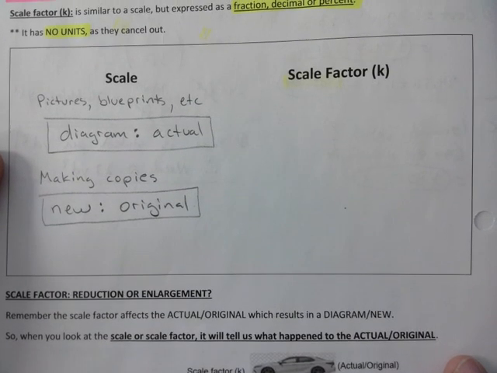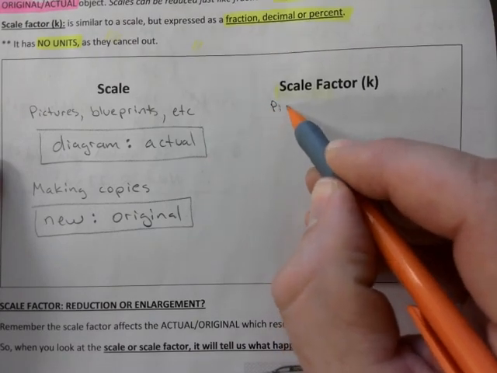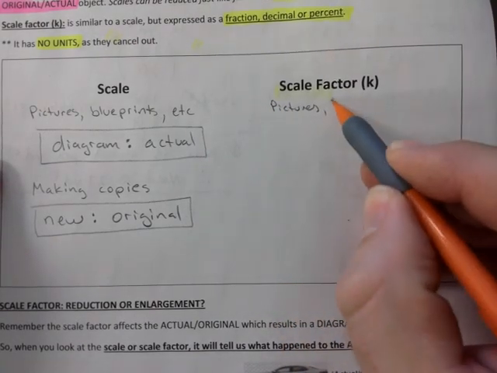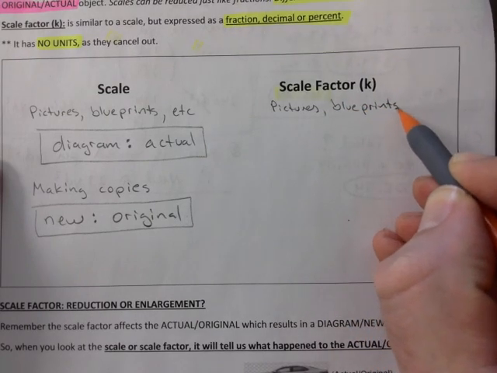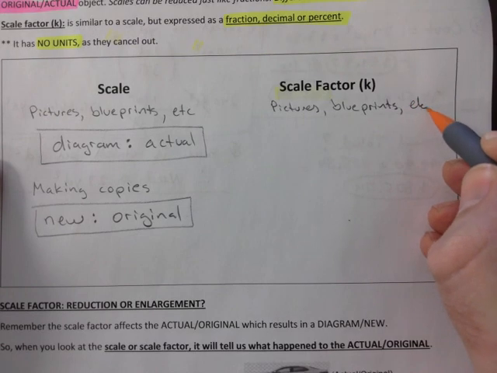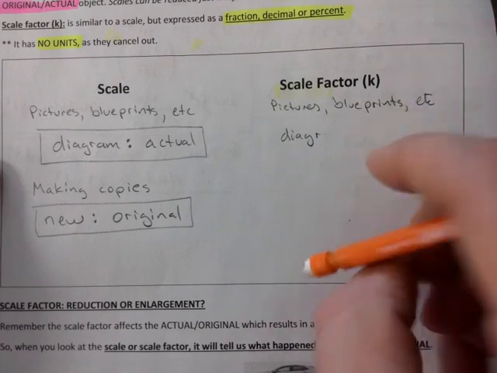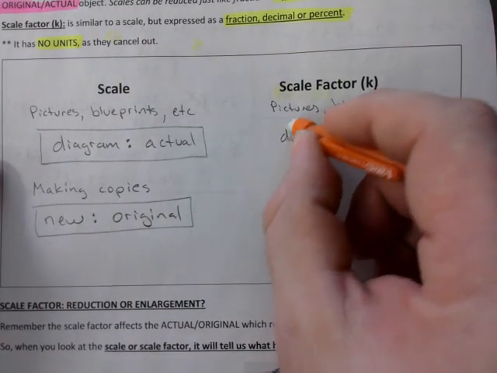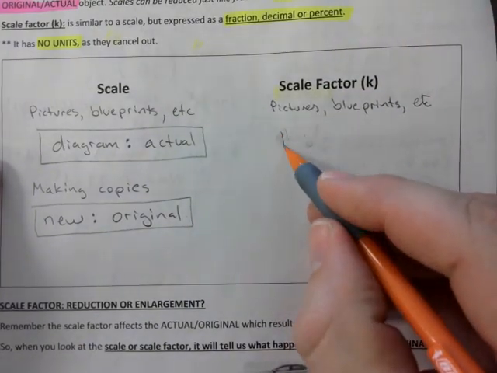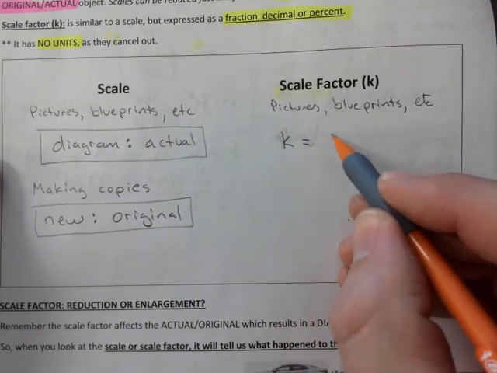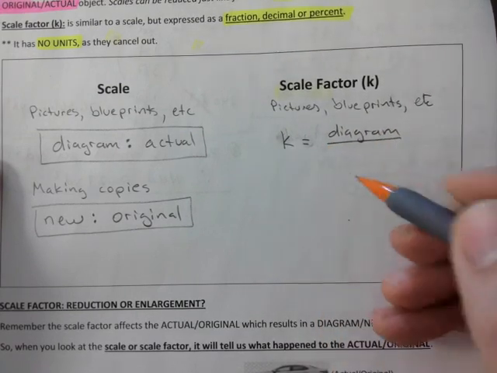Same with a scale factor. If you do pictures or blueprints, if you're dealing with a scale diagram of something, a map, anything like that, I would use diagram. Sorry. Can you undo that one? Undo. K is going to be diagram over actual.